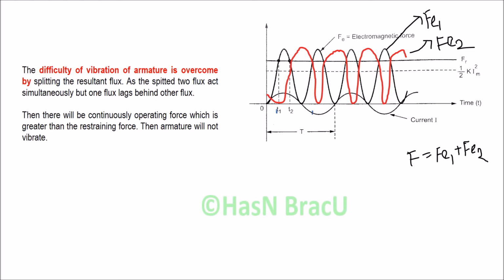The two split fluxes act simultaneously, but one flux lags behind the other flux. By this way, the vibration of armature can be overcome, and there will always be operating force which is greater than the restraining force.